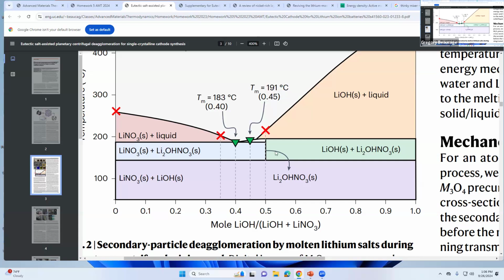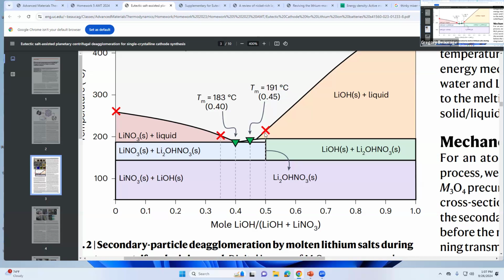Yeah. So it will be on that line. Then you make just that phase. If you quench there, you make just that phase. You just make that one perfect phase. So it would be just Li2OH NO3. Yeah, and that's got its own crystal form, and that's a perfect thing. So it's just permanently that one thing.